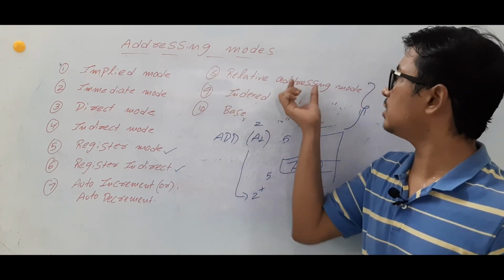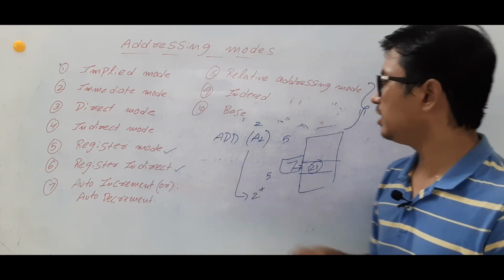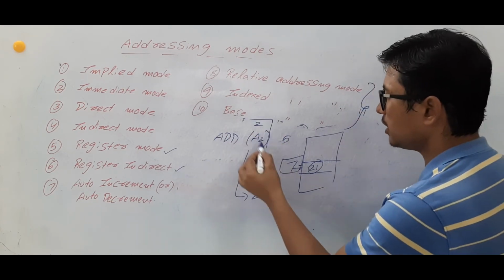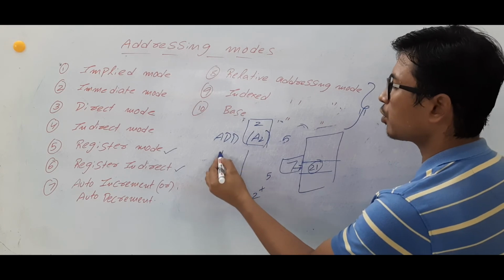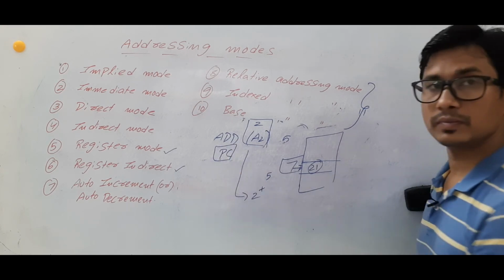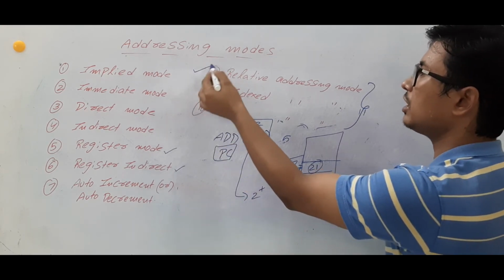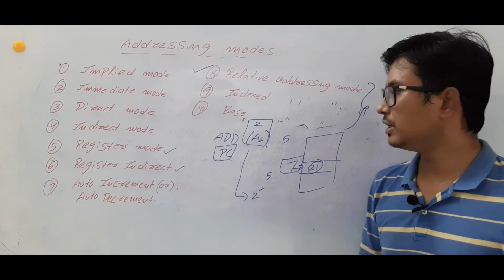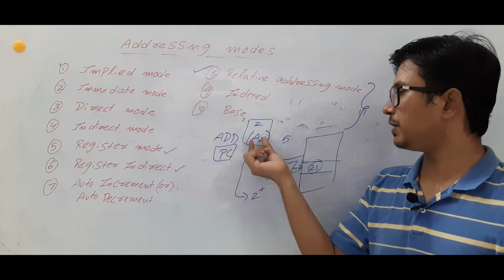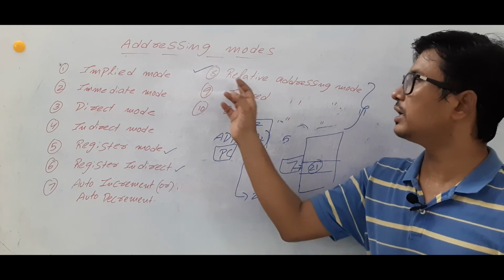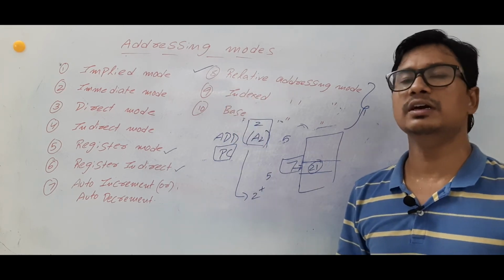Now what is the relative addressing mode? If in place of this A2 you give the program counter, then we will call this addressing mode a relative addressing mode.